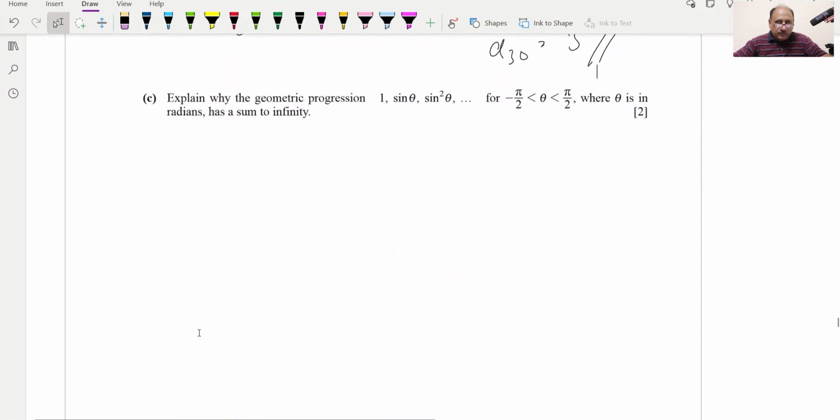Now C part says explain why the geometric progression, this one where theta is in radians, has a sum to infinity. So r value we can write as second term over first term.